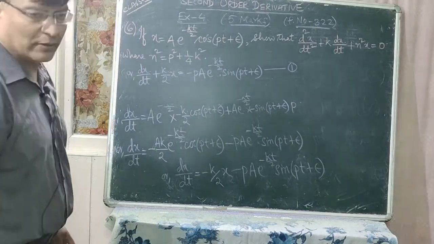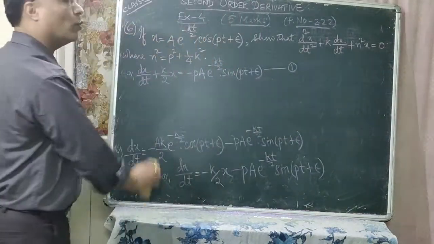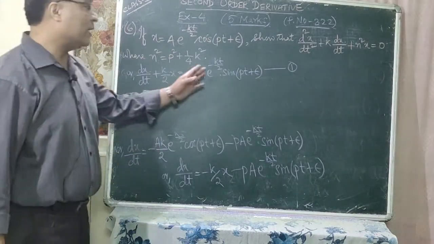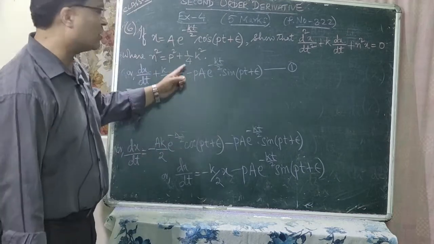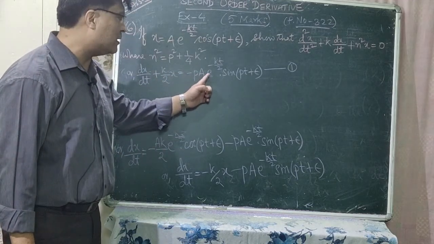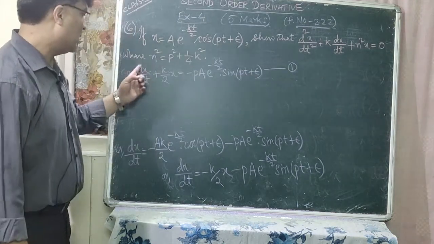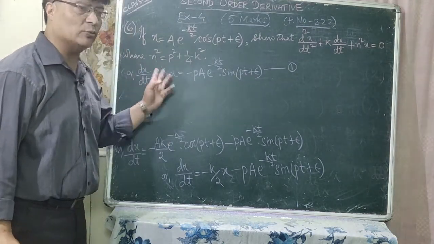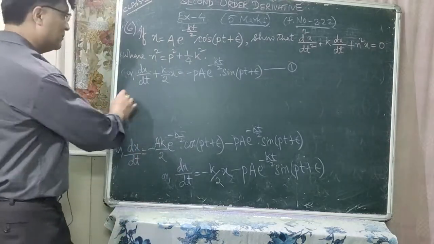So I think you have understood it. Okay, so next what will you do? So why is it marked as number 1? Because we may use the value of p capital A e to the power minus kt by 2 sine pt plus epsilon as dx by dt plus kx by 2. Now again you have to differentiate it with respect to t.